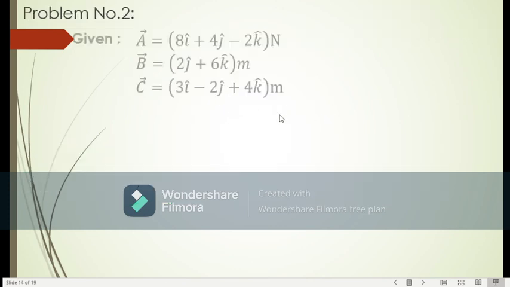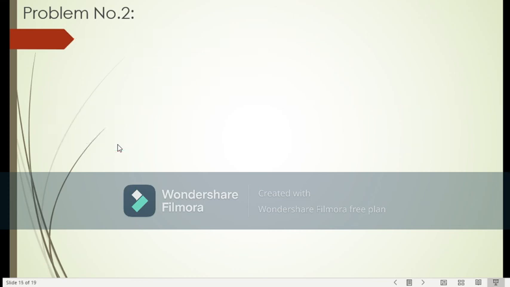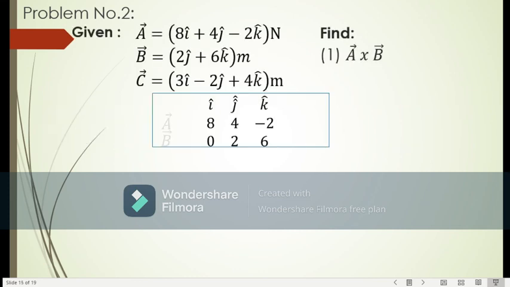Let's apply this in our given example. In our example, we are given vectors A, B, and C. We are asked to calculate the cross product of A and B, or A cross B. So for the solution, let us write first vectors A and B in a matrix form.